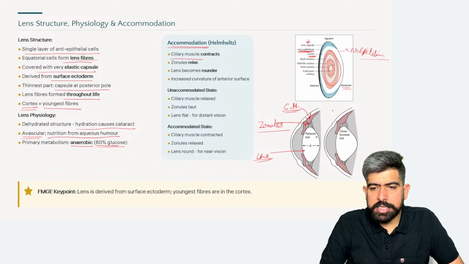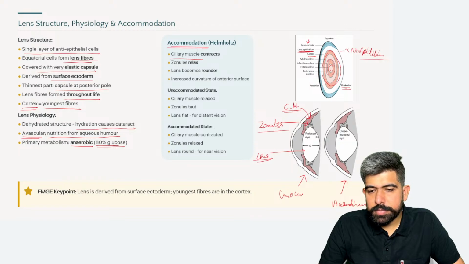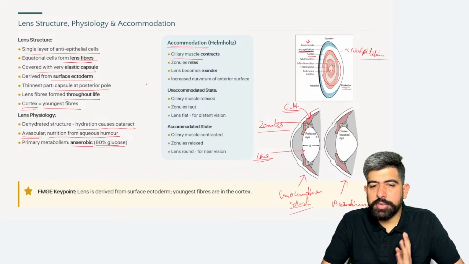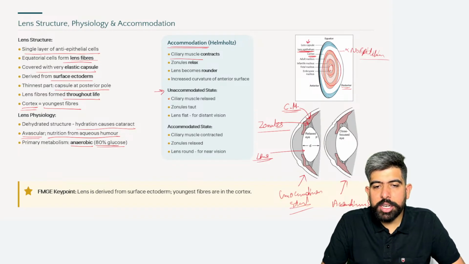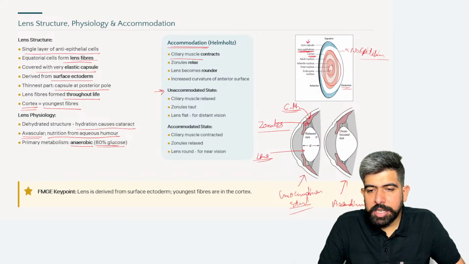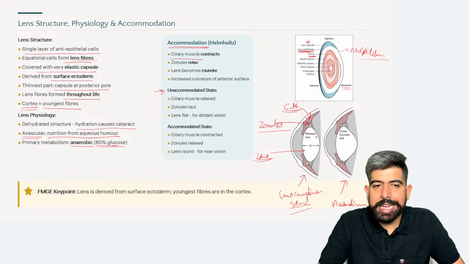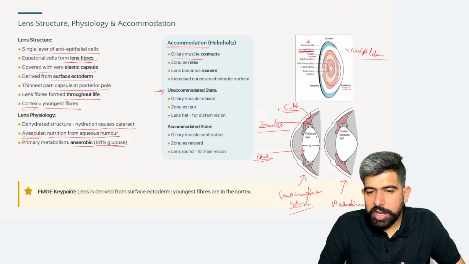You can see in the second step, this is the accommodative state, and this is the unaccommodated state. In the unaccommodated state, the ciliary muscle will relax.